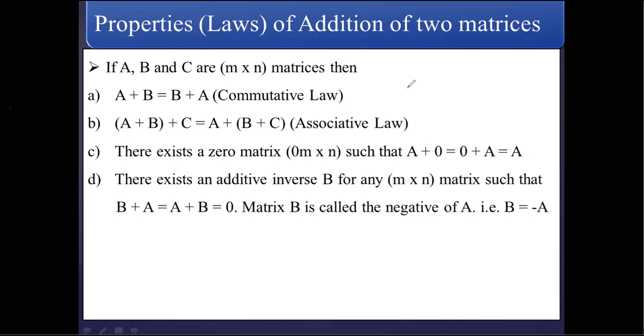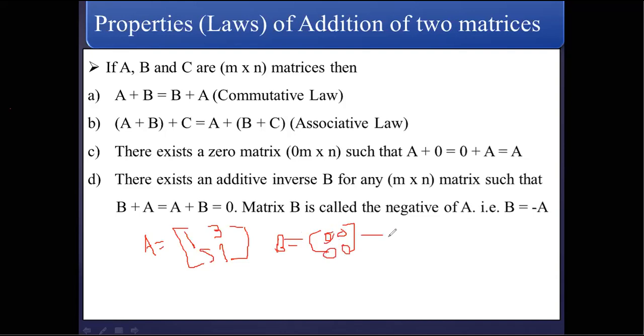For example, A is equal to 1, 3, 5, 7, and B is equal to 0, 0, 0, 0.